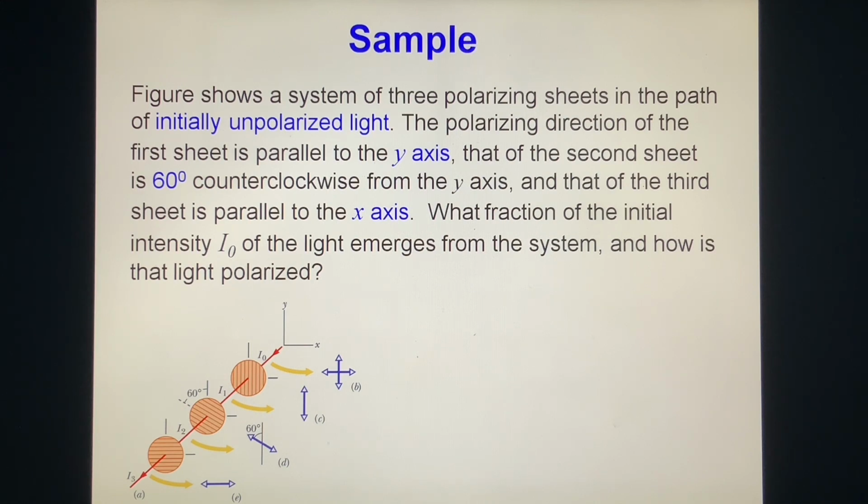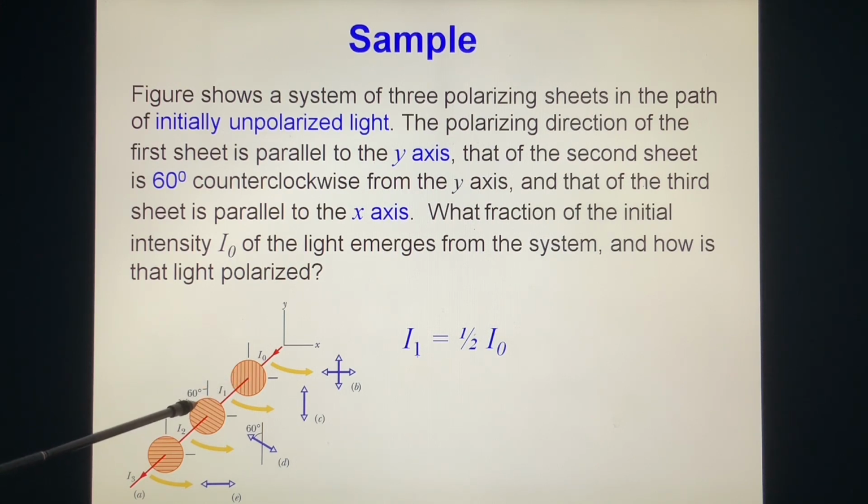What fraction of the initial intensity I0 of the light emerges from the system, and how is that light polarized? After the first sheet, the intensity is I0 over 2, because half was blocked. From here to here, we use the law of Malus.